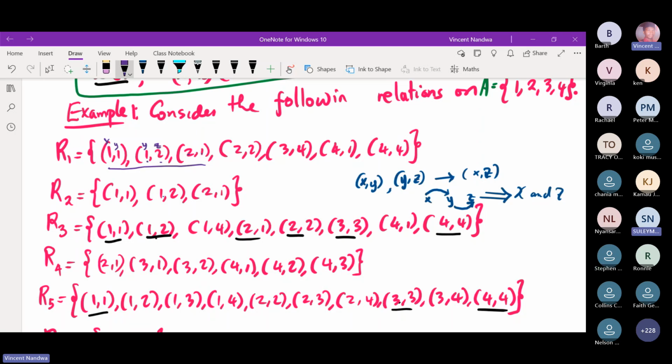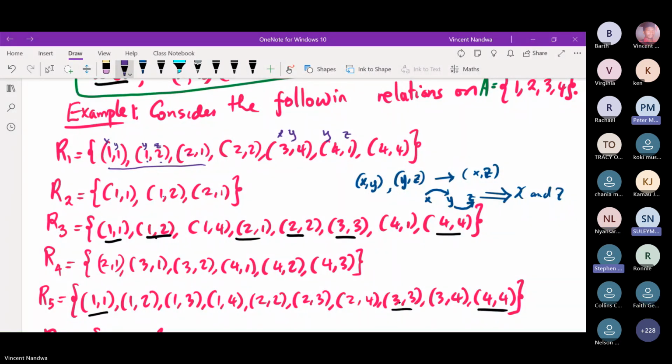So do we have a 1, 2 in this relation? Yes, so there's no problem. But now, 3, 4 and 4, 1, do they obey that structure? No. What makes it fail? There's no 3, 1.